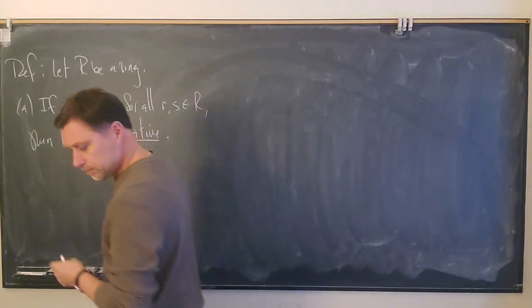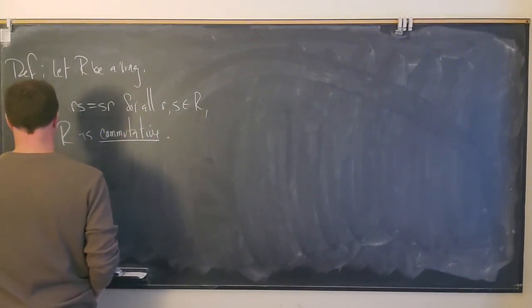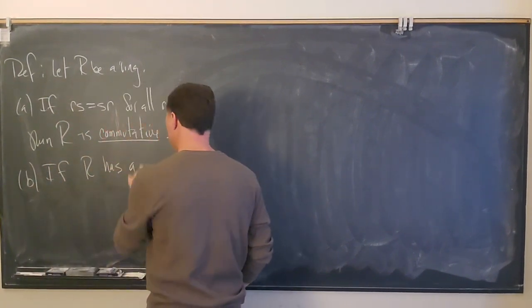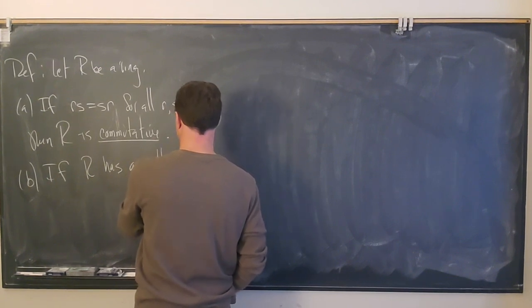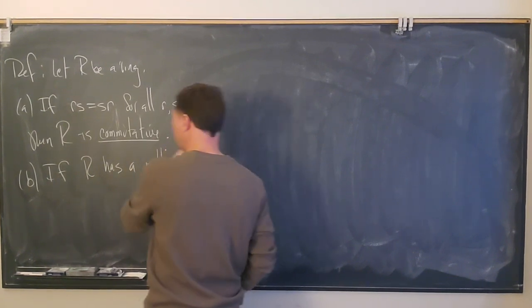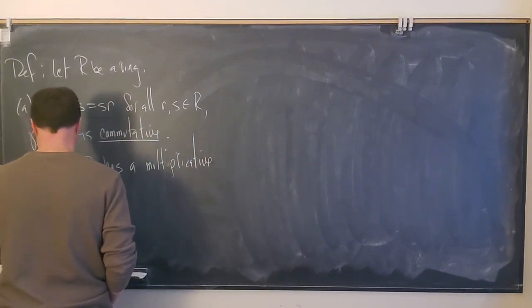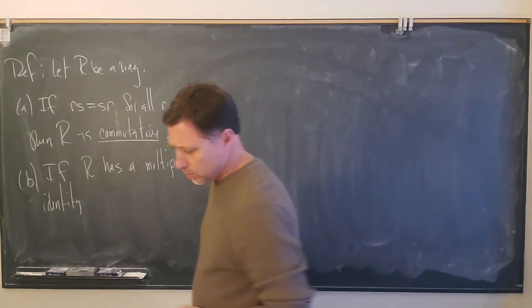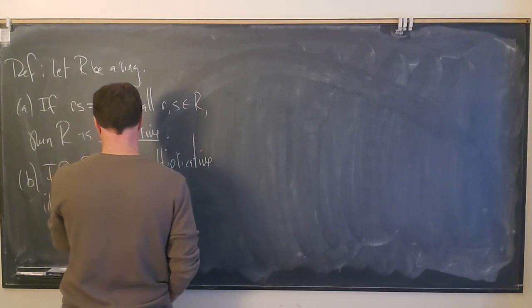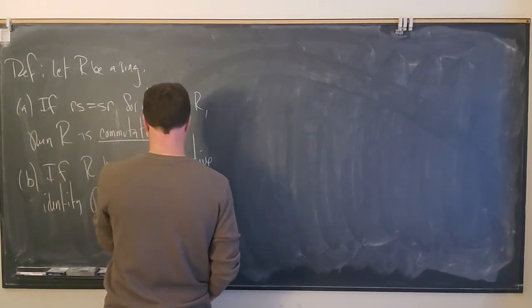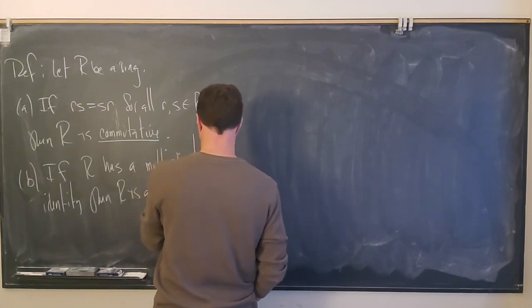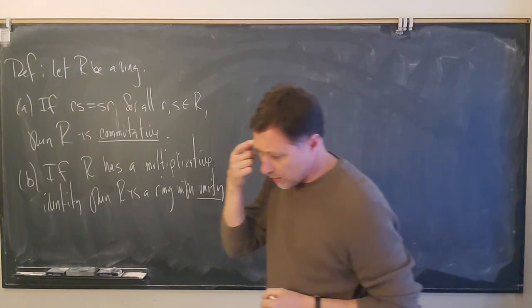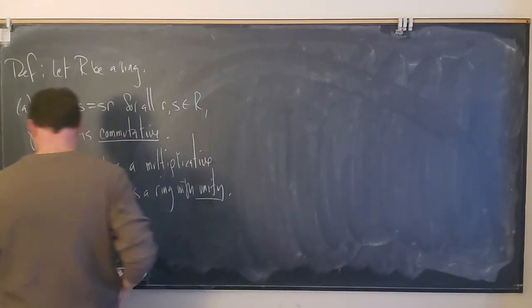The second part here: if R has a multiplicative identity, then R is a ring with unity.